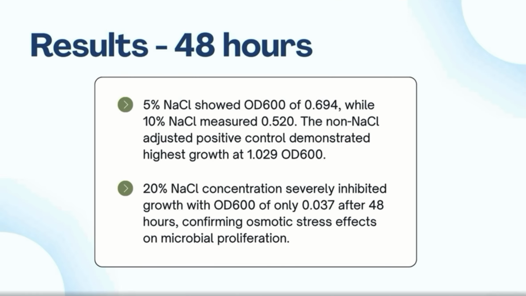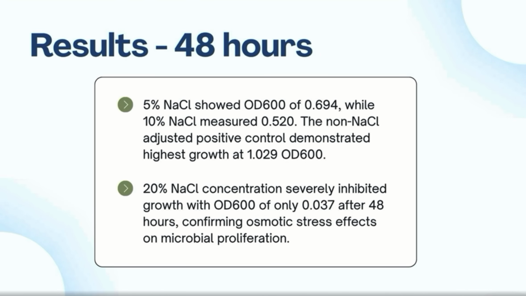After 48 hours of incubation, we noticed some dramatic shifts in our cultures. The 5% sodium chloride sample continued to climb, reaching an OD 600 of 0.694. The 10% sodium chloride sample also increased steadily to a moderate 0.520.